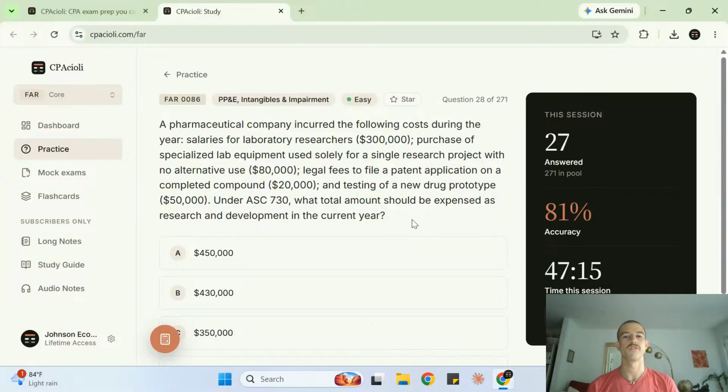A pharmaceutical company incurred the following costs: salaries, purchase of equipment solely for a single research project with no alternative use, legal fees. What total amount should be expensed as research and development? I don't think salaries is. I think the equipment probably would be, legal fees.